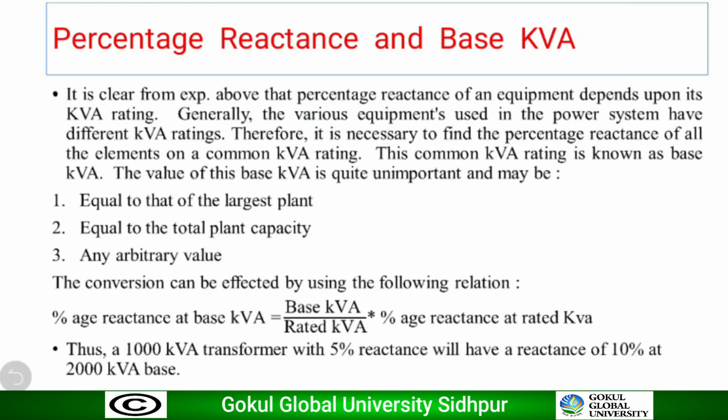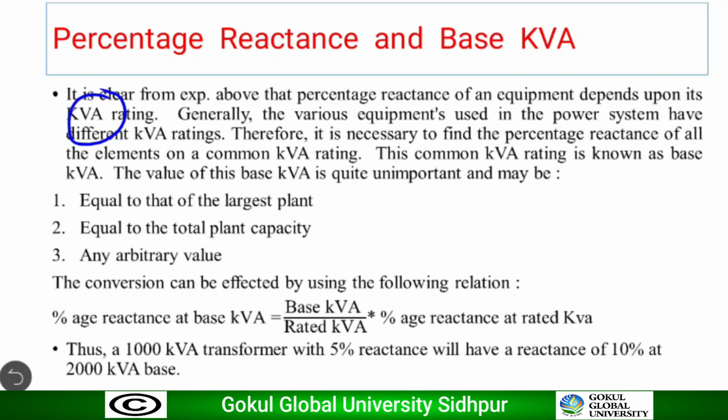Generally, the various equipment used in the power system have different kVA ratings. A transformer has a different kVA rating, a generator has a different kVA rating, and a transmission line has a different kVA rating. Therefore, it is necessary to find the percentage reactance of all the elements on a common kVA rating.